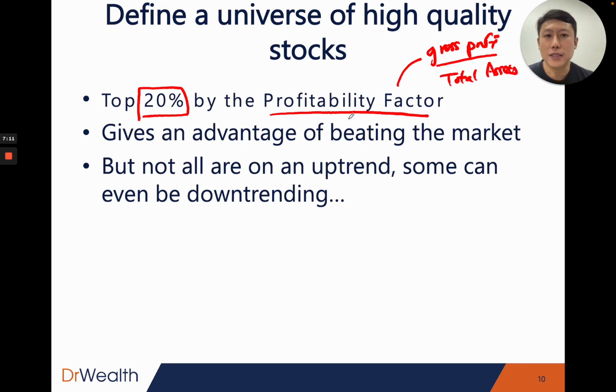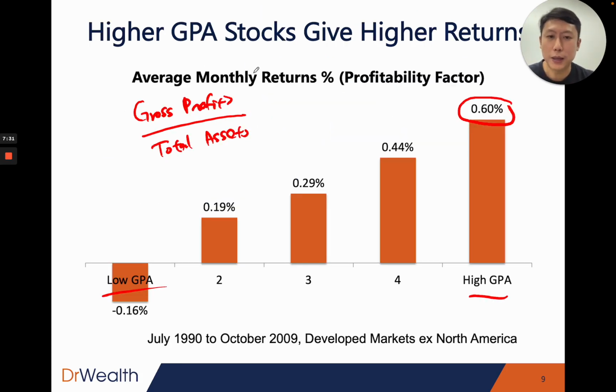We get this number for all the stocks, arrange them from the highest to the lowest, and then we only take the top 20% to determine the universe of our high quality stocks. This is the cream of the crop that we are looking at. Okay, the best stocks in the universe. They will give us a higher chance to beat the market as suggested by the study. So we are not reinventing the wheel. We are taking what has proven to work and applying it to the real market.